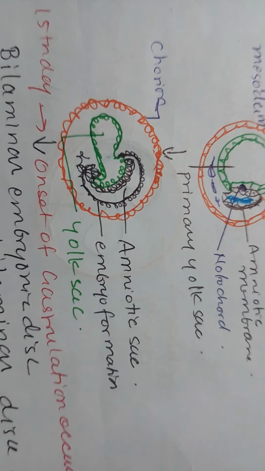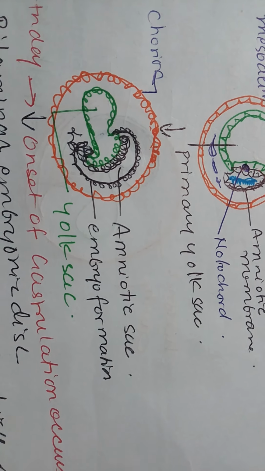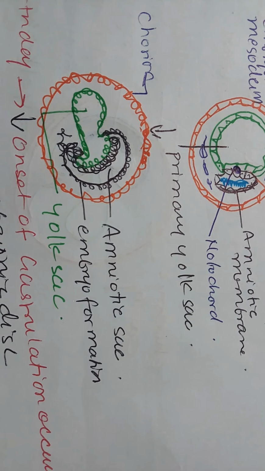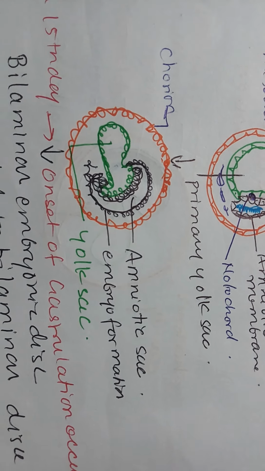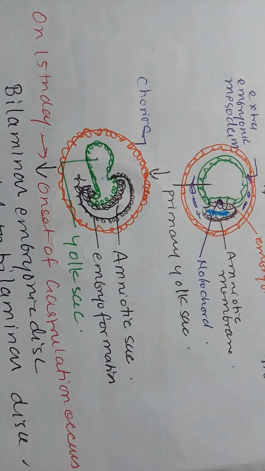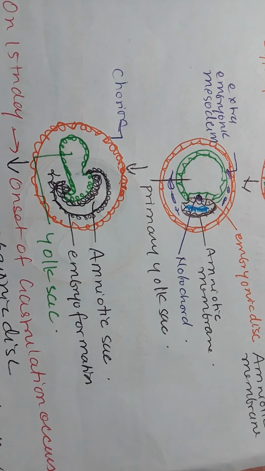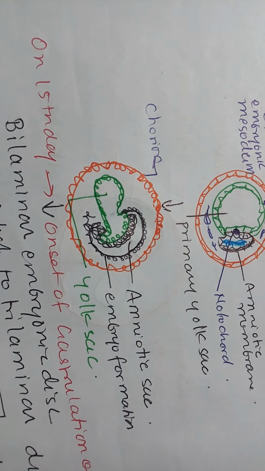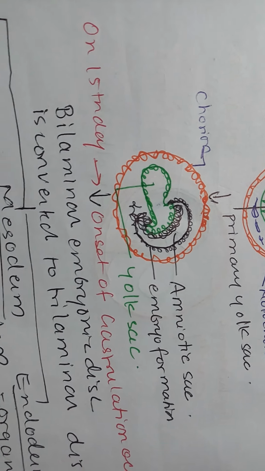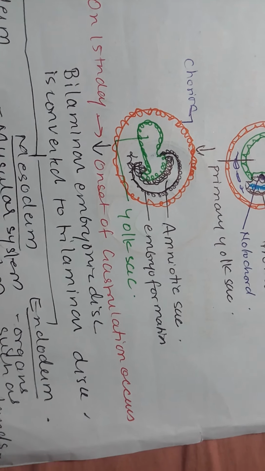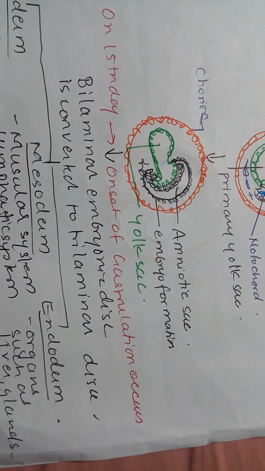So you can see the next stage, the amniotic sac is now produced. In embryo formation, a yolk sac is there, and the outer trophoblast cells now form the chorion. On the 15th day there is onset of gastrulation.